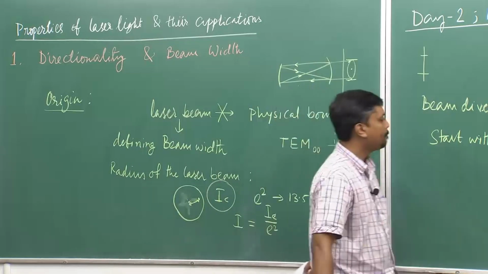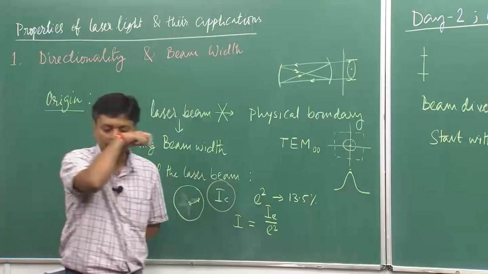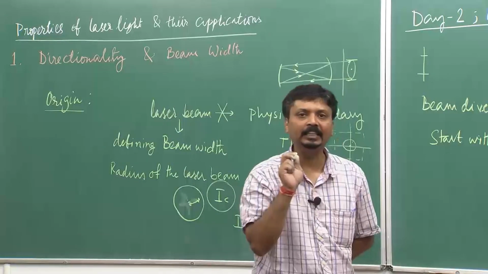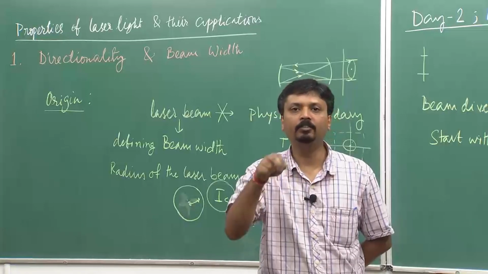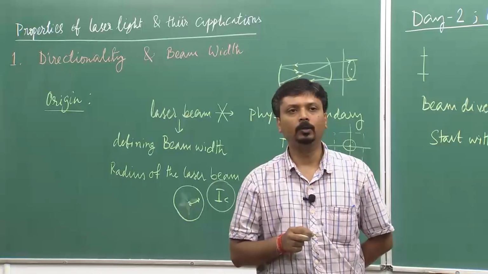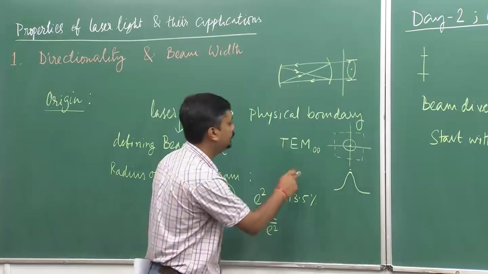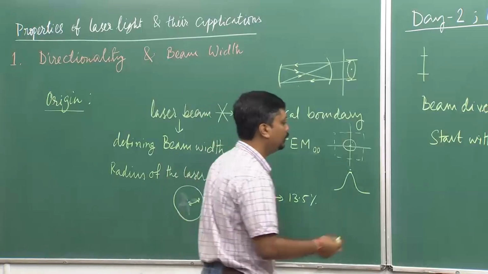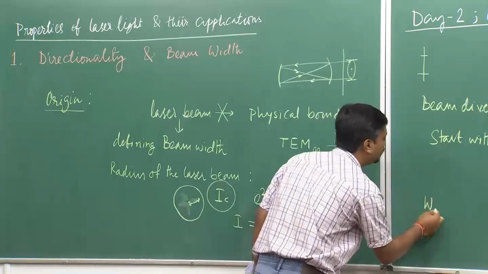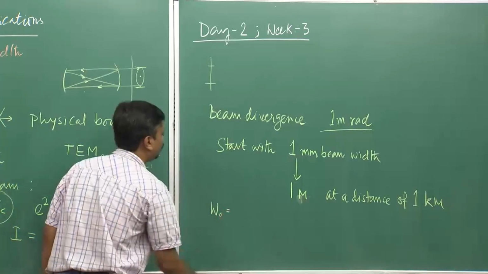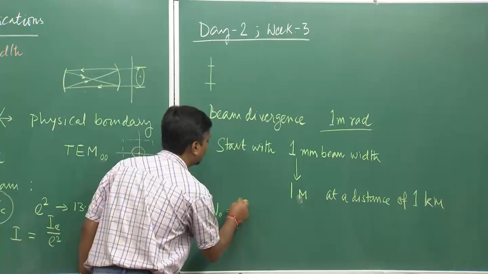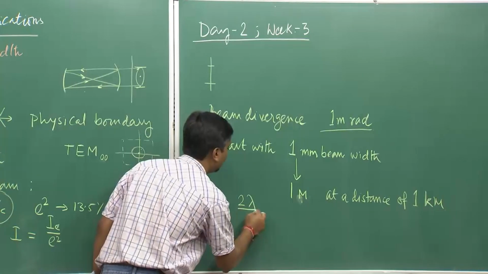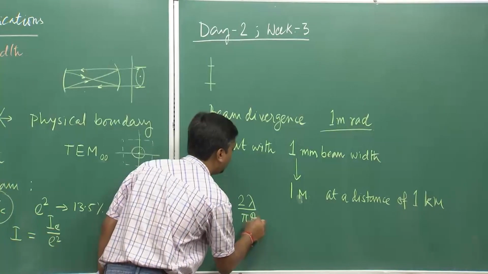Now, one more thing is that if we take this kind of beam, we can also focus it to a very tiny spot by using a convergence optics like a lens. For a beam with a TEM00 mode, we can have a spot dimension, say omega 0 or W0, as 2 lambda by pi theta.